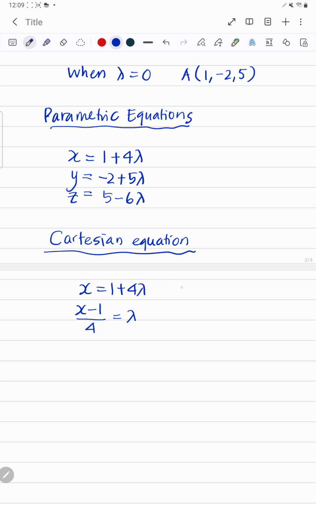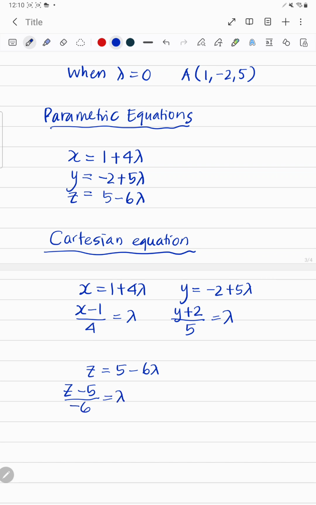Similarly, for y equals to -2 plus 5 lambda, if we want to make lambda the subject of the formula, it would be y plus 2 over 5. And for z coordinate, z equals to 5 minus 6 lambda. So lambda as the subject of the formula, z minus 5 over -6, which is lambda.